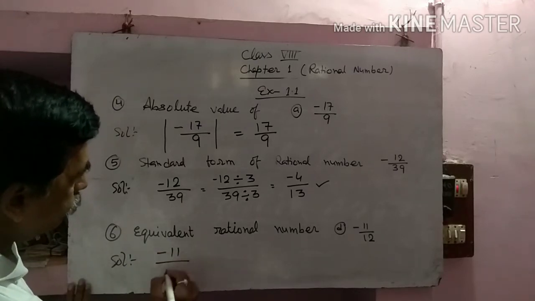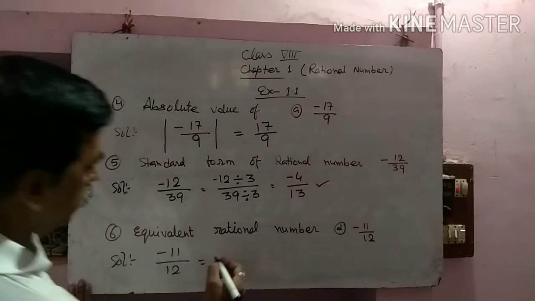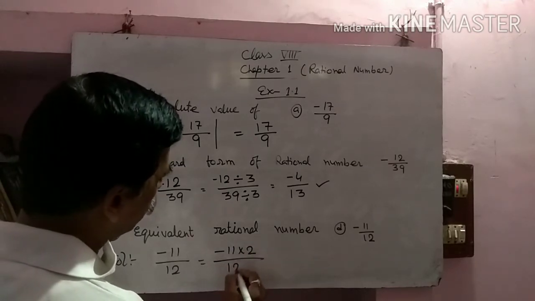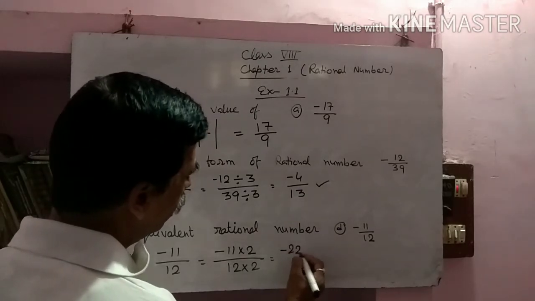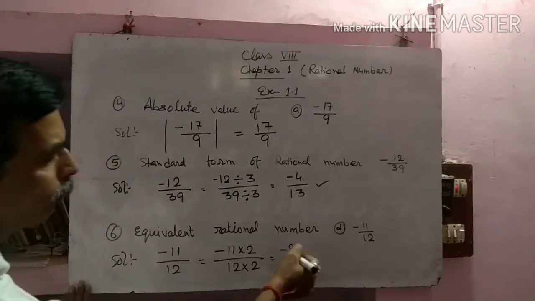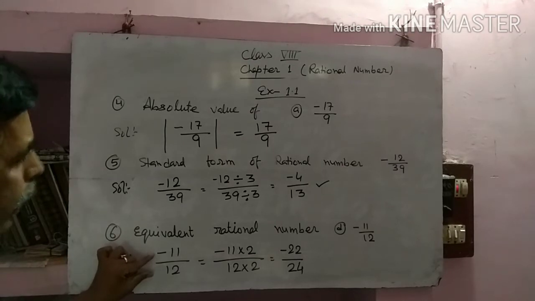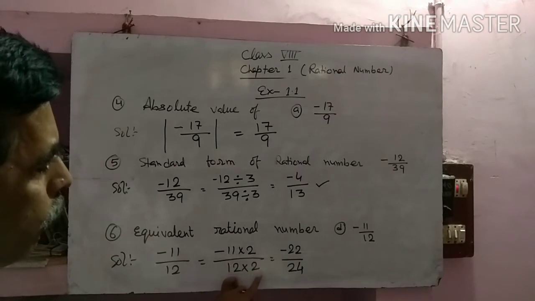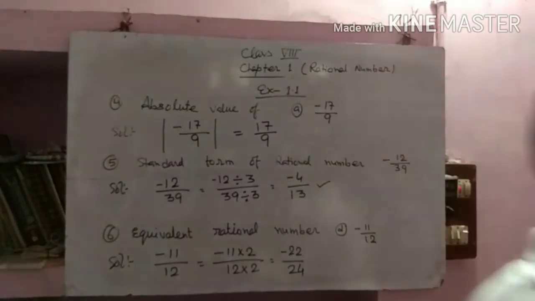Its equivalent rational number is minus 11 into 2 by 12 into 2, so it becomes minus 22 by 24. If we divide both of them by 2, we will get the same value. So it's equivalent. The value will not change by multiplying numerator and denominator both by a common number. So write this one also.